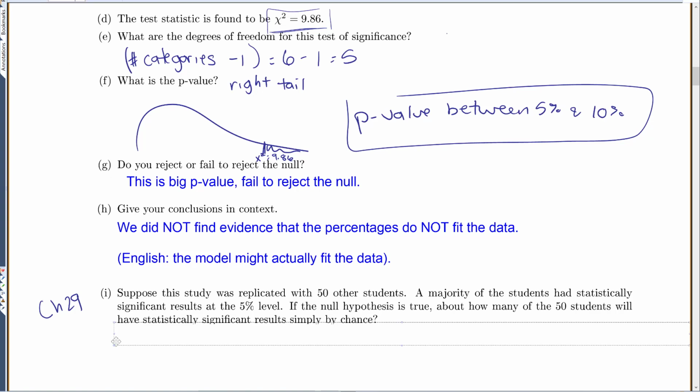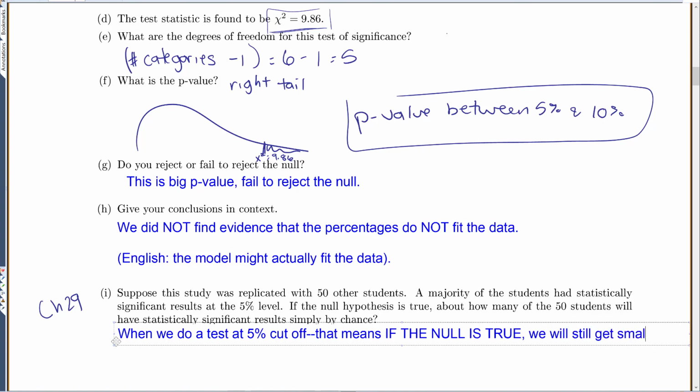First of all, when we do a test at 5% cutoff, okay, that means, let's write this way, if the null is true, we will still get small p-values and reject the null 5% of the time.